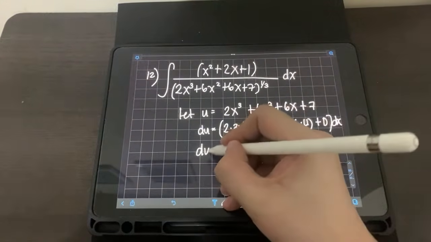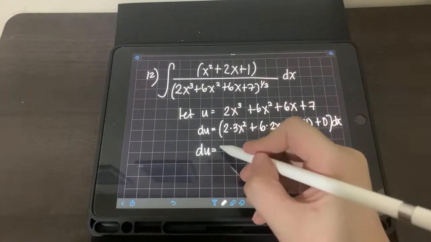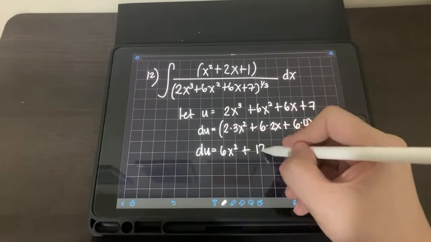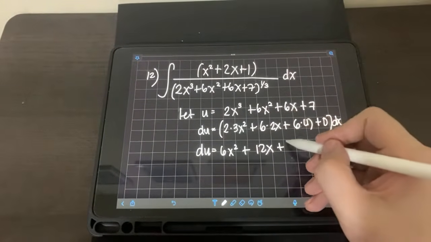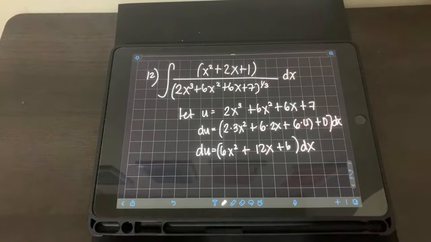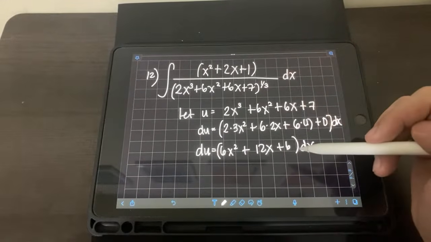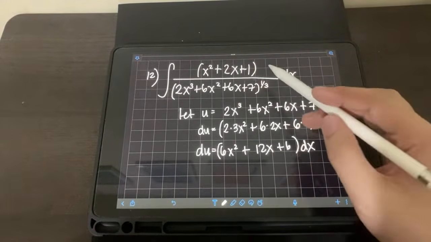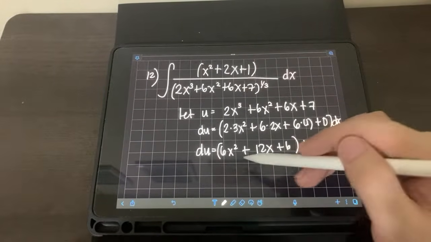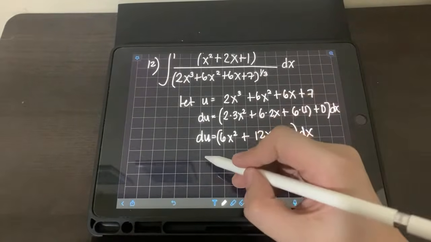So, you have du is equal, so simplify, 2 times 3, 6x squared plus 6 times 2, 12x plus 6 dx. So, have we created the expression in the numerator? Not yet. Because we can still factor out the common monomial factor of 6x squared, 12x, and 6. What is that? 6, right?